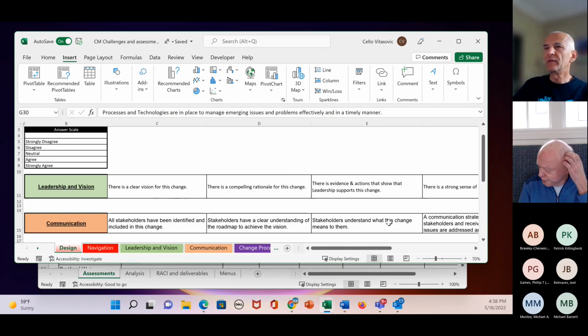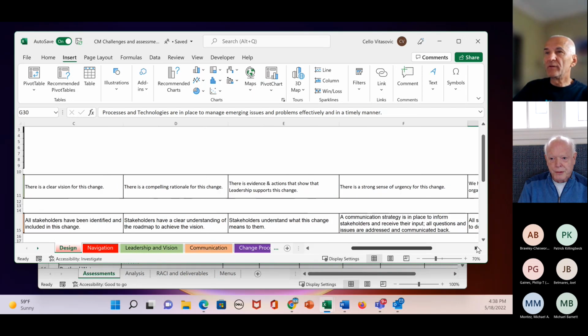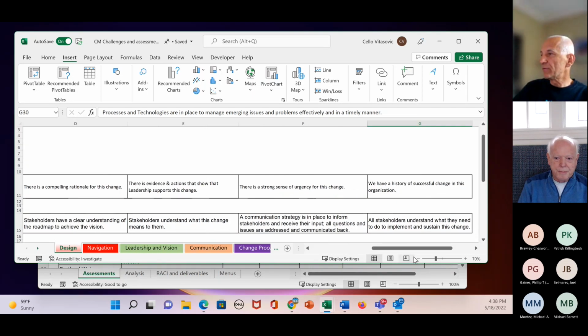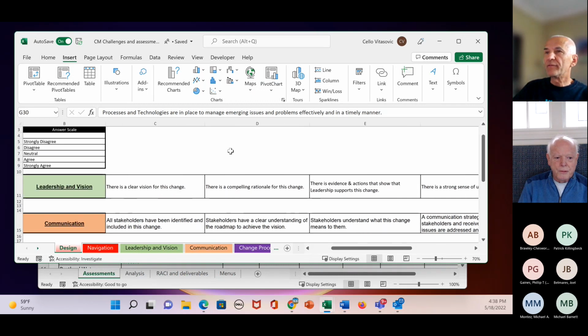So let's look at the statements under leadership and vision. These are the statements that one would agree or disagree with. So the first one is, there is a clear vision for this change.